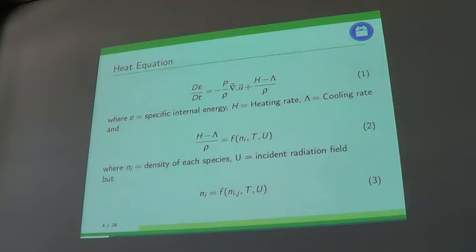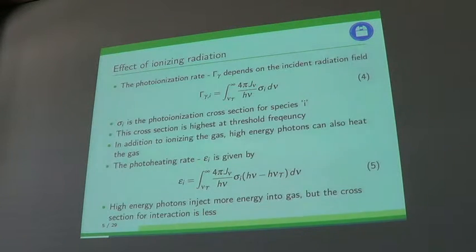So why do radiation fields decrease your cooling rate? You're basically trying to solve the internal energy equation in your simulations, which has a heating minus cooling term, and that term is a function of density, temperature, and your incident radiation field. The densities of each species are in turn also dependent upon the densities of the other species in the gas, the temperature, and the incident radiation field.